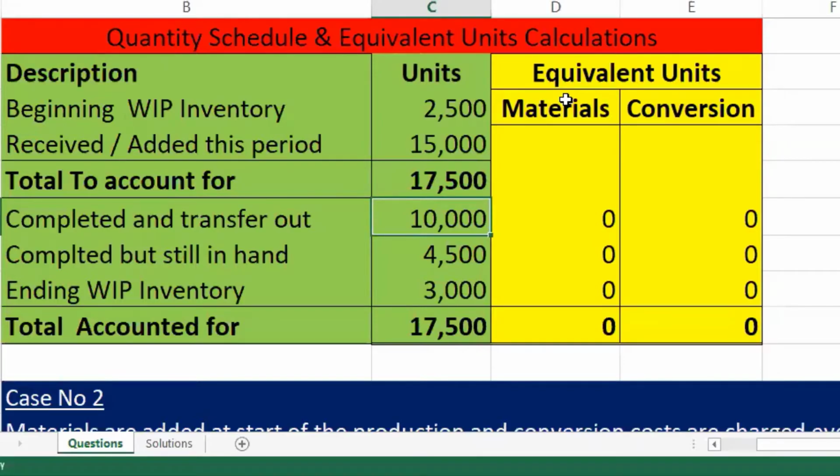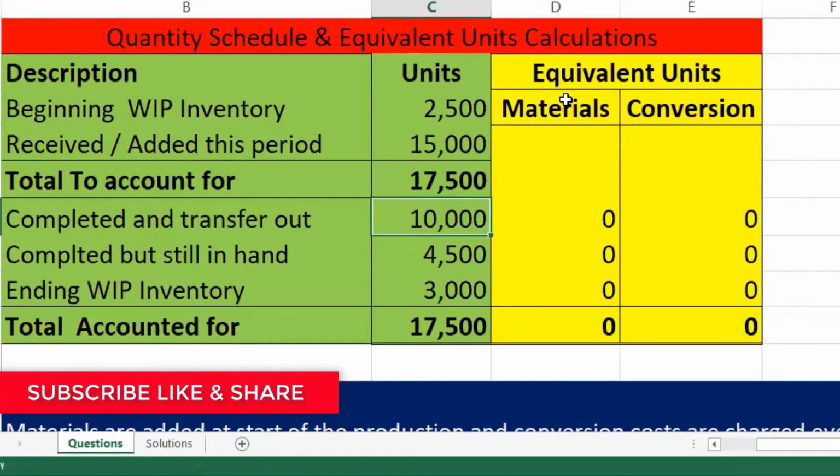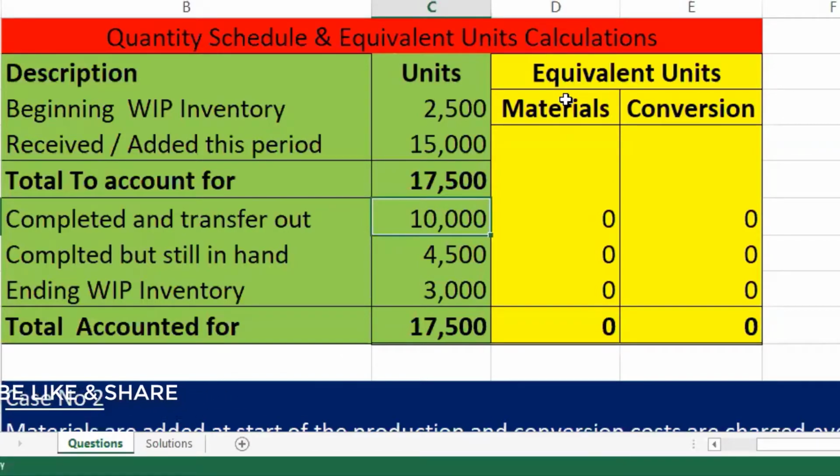The problem of equivalent unit is only with the inventories. And when we treat inventories, we have two methods of treating inventories. Number one, when we have opening inventory, we have two methods of treating opening inventory. Number one is the weighted average method, and number two is the first in first out method.